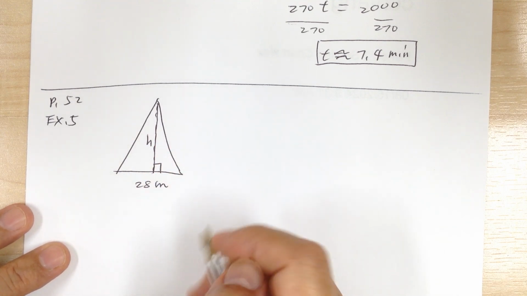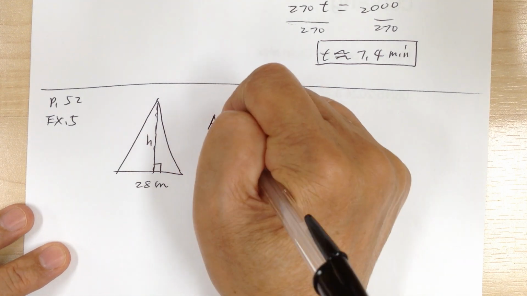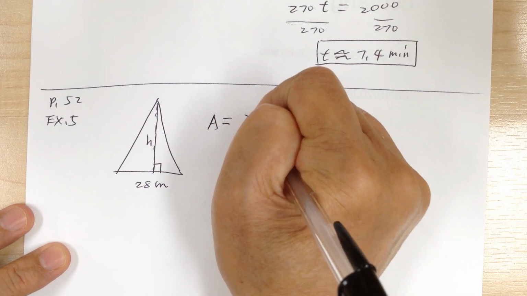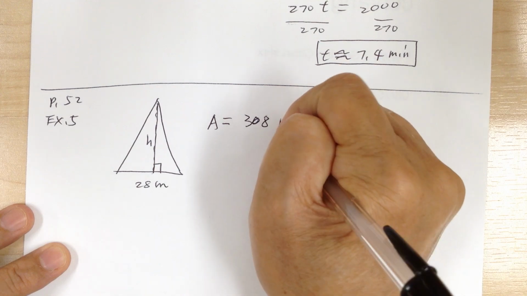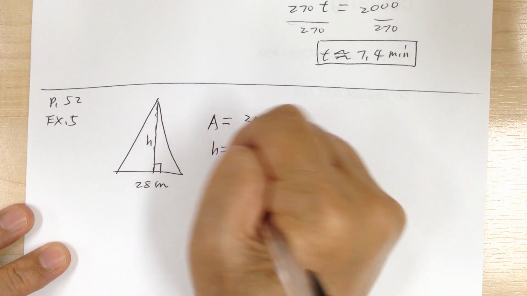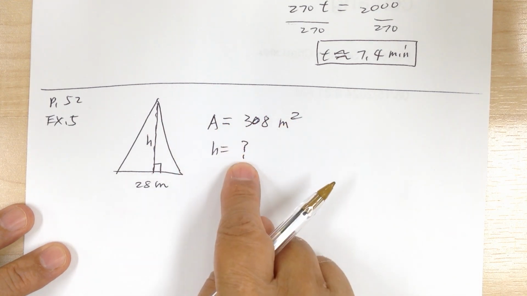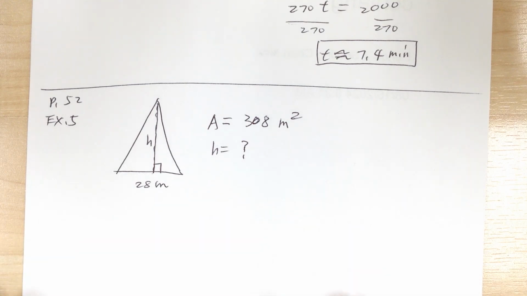It says the base of the triangle is 28 meters. The area, so area equal to 308 square meters. Find the height of the triangle. So again, write down all your information. Okay, so the picture gives you the information and what you're looking for. So write down everything.